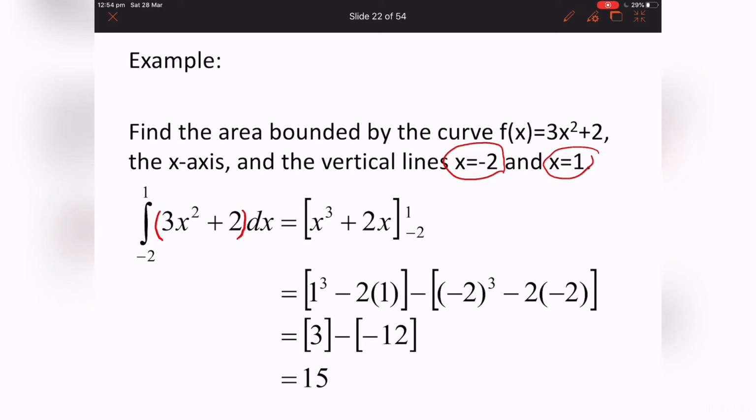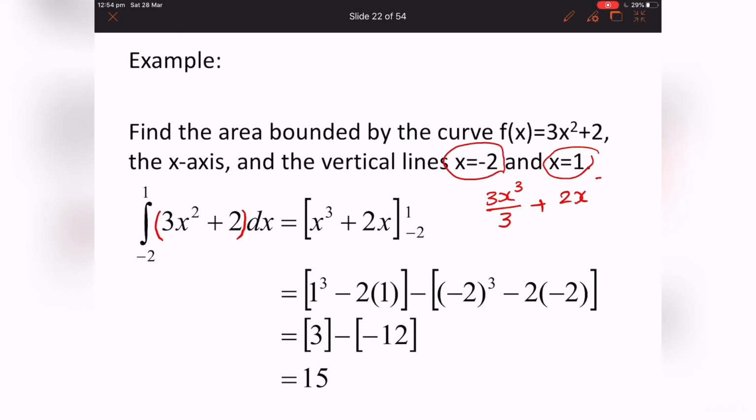All right, now when we integrate, this is a polynomial function. So when we integrate, we add 1 to the power and we divide by the new power. So this is going to be 3x cubed divided by 3 plus 2x, and we don't write plus c here because we have limits.